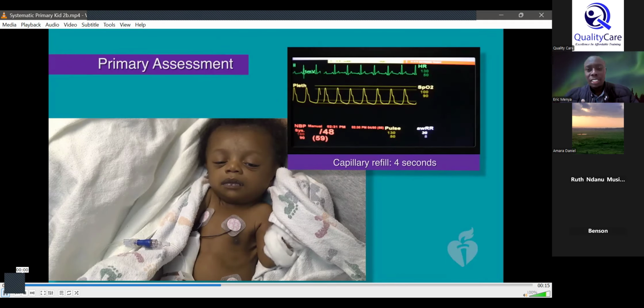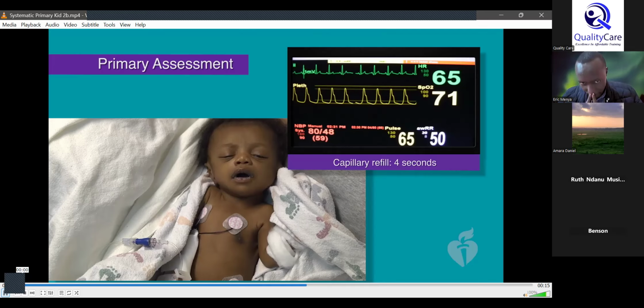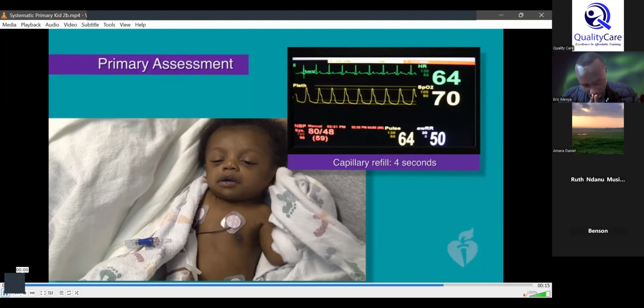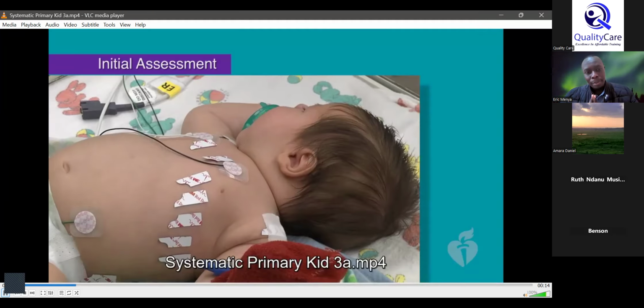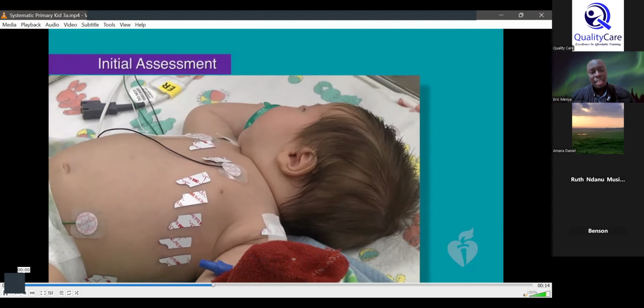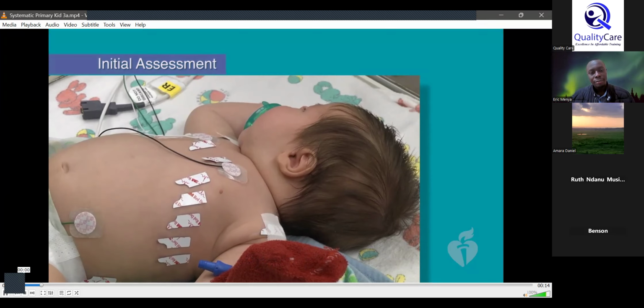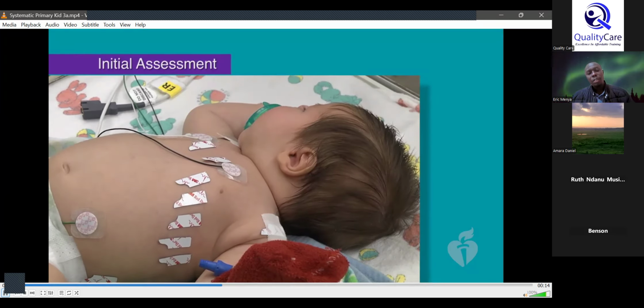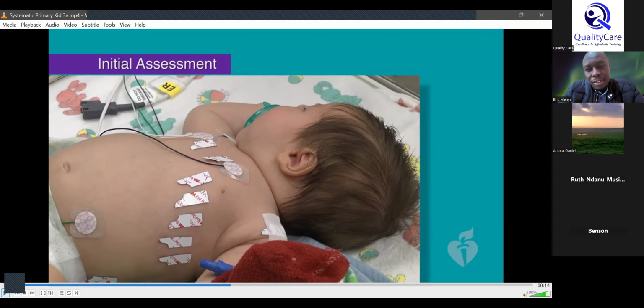For Benson, I don't have both videos. So Benson, maybe you just give us your initial assessment for this child in terms of appearance, work of breathing, and color or circulation. What do you think about appearance?